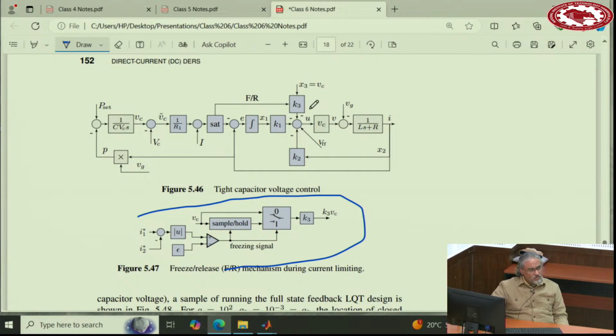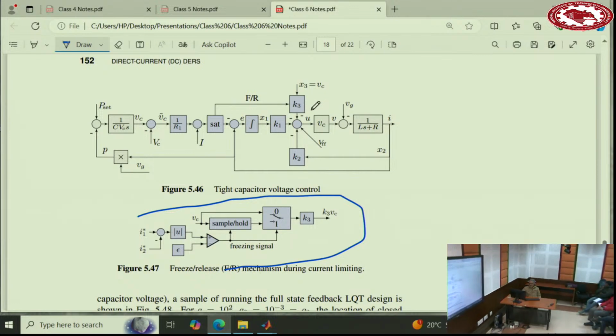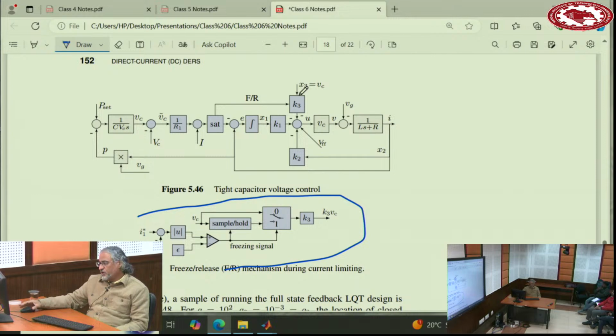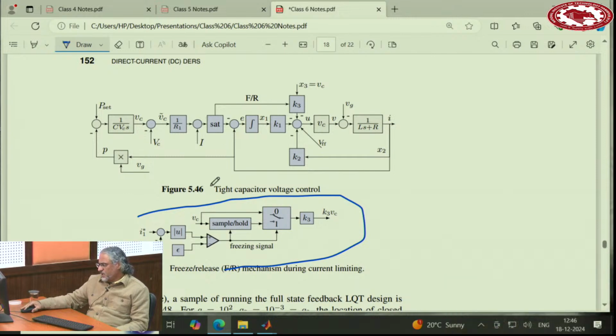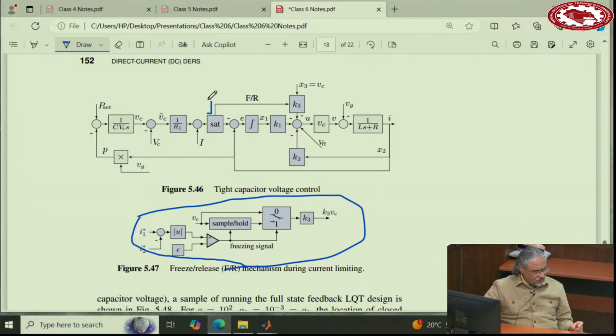If you disable it, the responses will be much better, especially in this case of tight control of the capacitor voltage. So you detect when the system is in current limiting mode. It's easy to detect using the input and output of the saturation block. Then you freeze this block, and whenever you come out of limiting, you release it again. So I call it freeze and release.